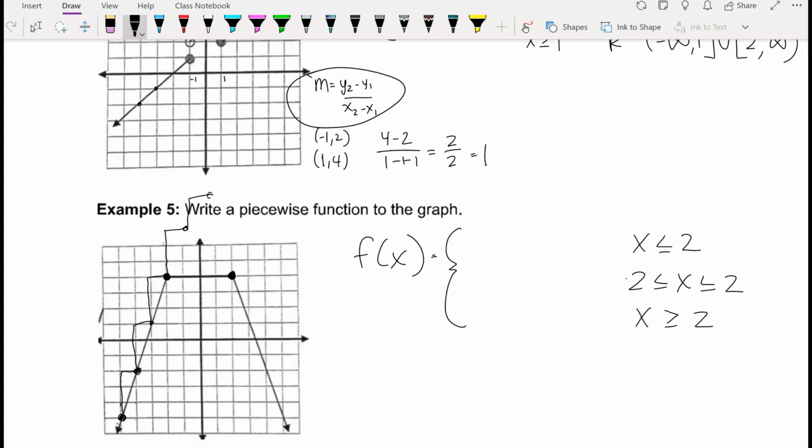Up 3 over 1. And that's where we'll hit, so this would be 11. And then up 3, that would be 14, up here.